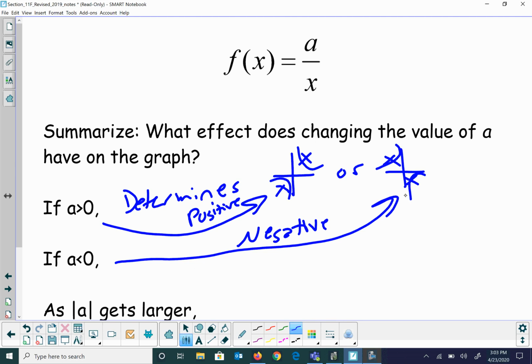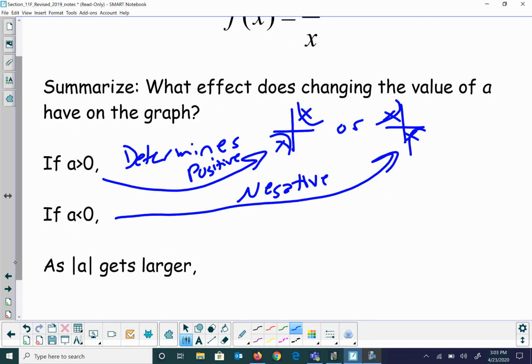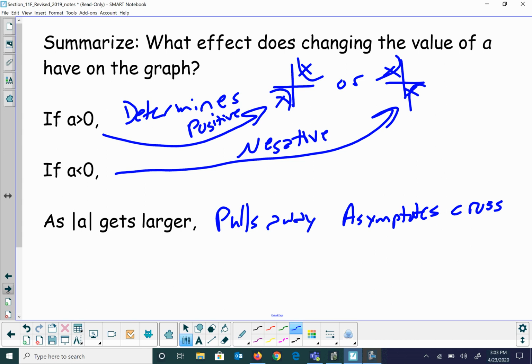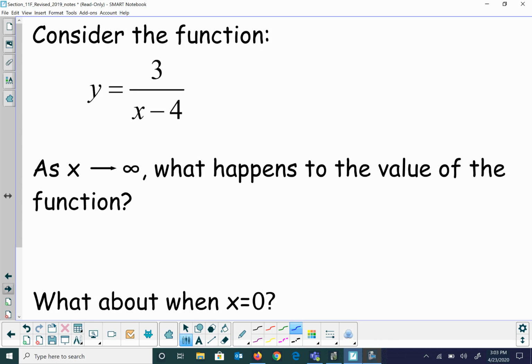Okay, so as a gets larger, it kind of just pulls it away from where the asymptotes cross. Okay, kind of stretches it out a little bit. Okay, so now let's consider this.